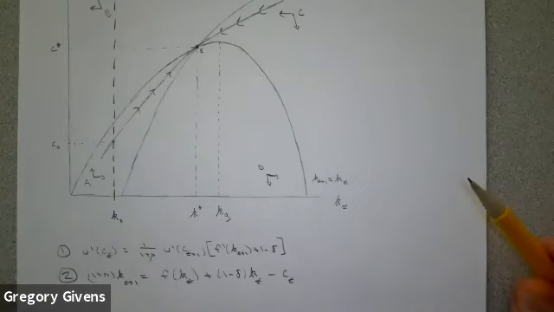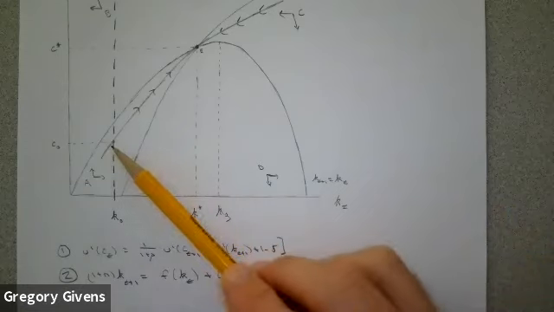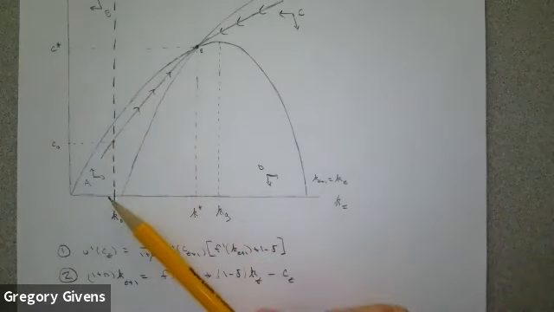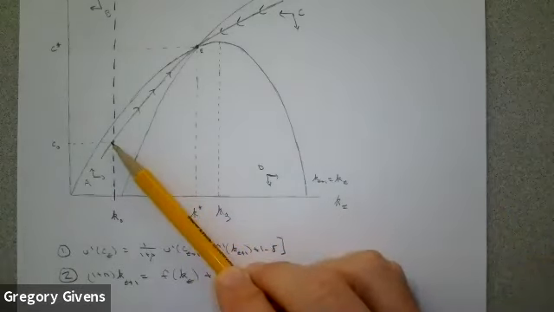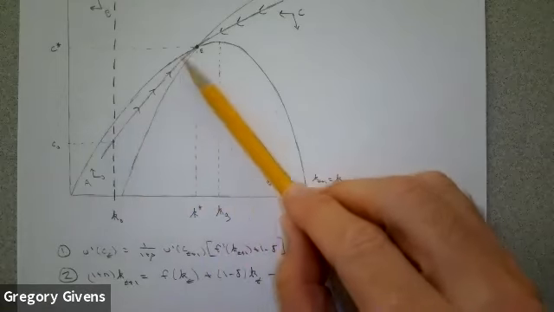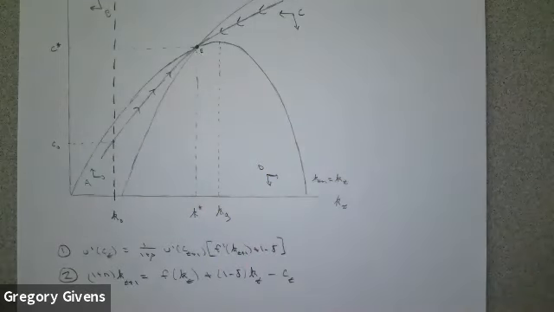In order for the transversality condition, that is the no Ponzi game condition, to be satisfied in equilibrium, initial consumption must be such that we jump up to this saddle path solution and eventually transition to the unique steady state.